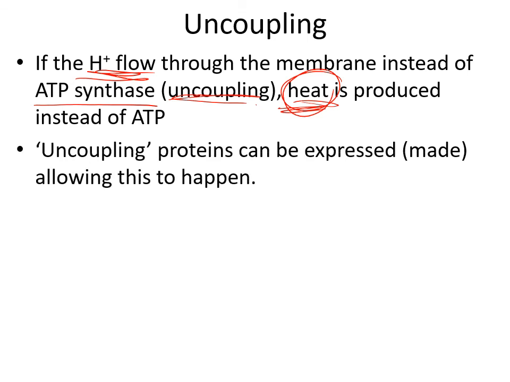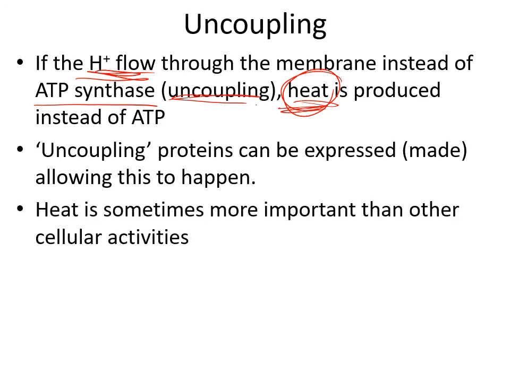So these uncoupling proteins are specifically made, so we do actually purposely make them, which is kind of weird because you think, well, why wouldn't you want ATP? Why would you make something that short circuits the ATP synthase? But they are actually something that can be made. And if you think about it, not only do we need energy, but especially us as endotherms are sometimes going to need heat as well.